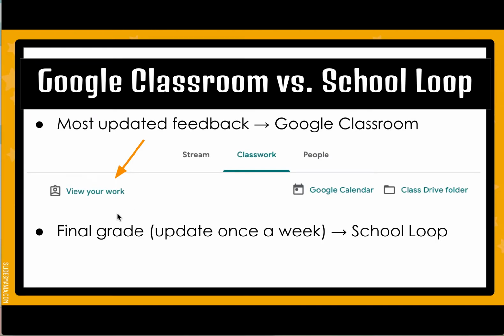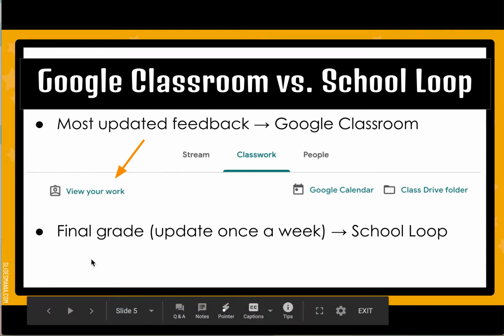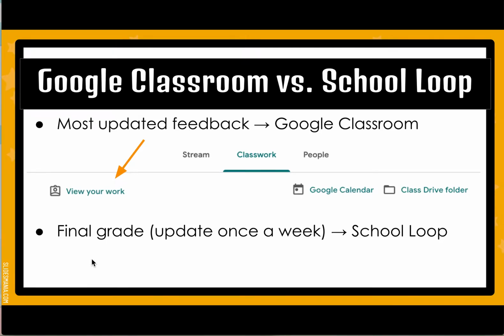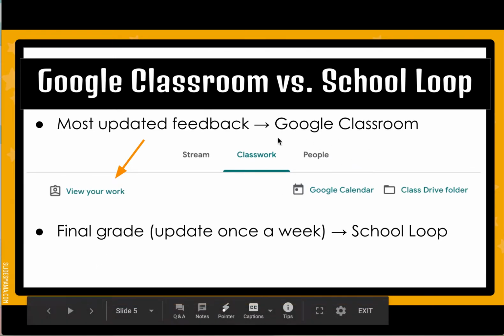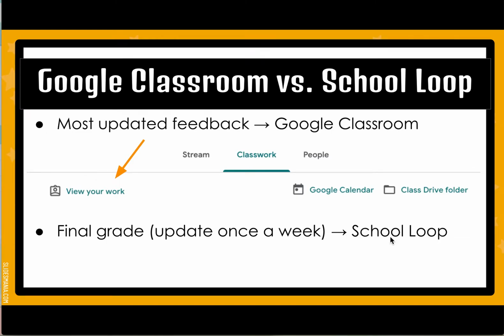Now, Schooloop, on the other hand, is where your final grade is posted. Schooloop is updated once a week, and at this point, it's not synced with Google Classroom. That means that if your assignment is graded in Google Classroom, that doesn't automatically go into Schooloop.